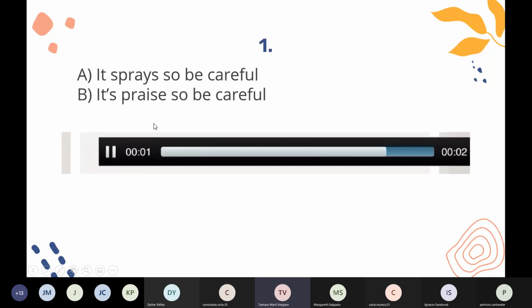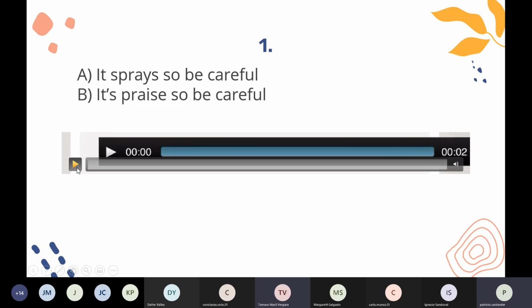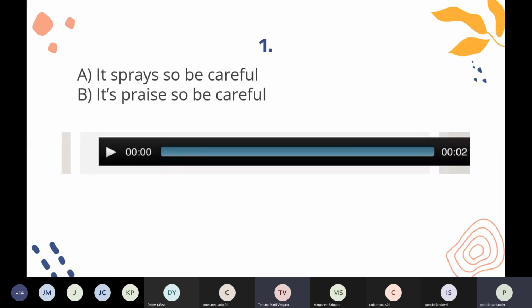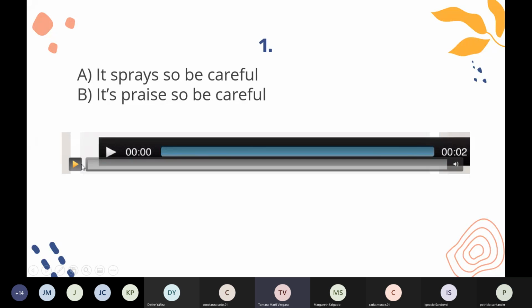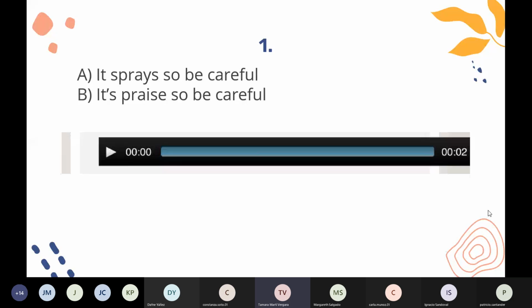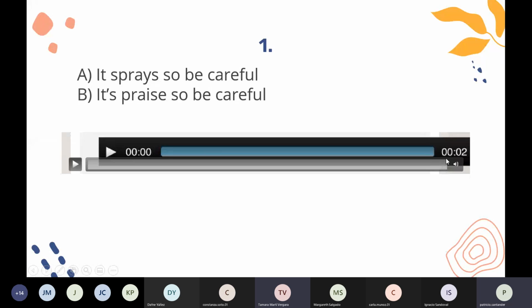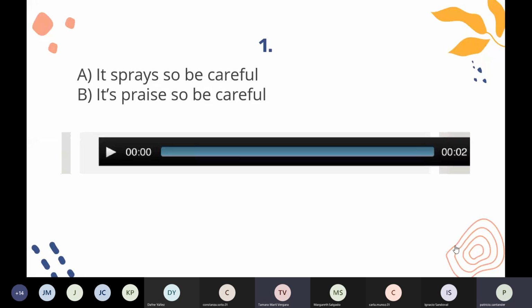Can you listen to the audio? No, we can't. How can I do it? Maybe there is an option where you can share the sound of your computer.